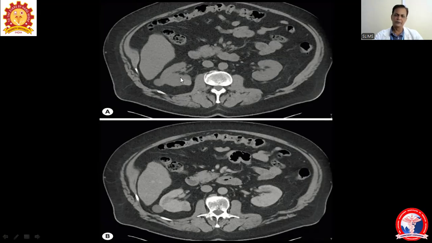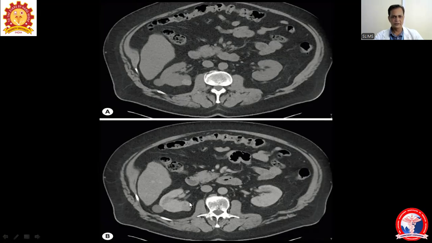Third image, a third slide, what we are seeing is here both the kidneys in axial images. But on the right side, there is some outpouching. That outpouching is adjacent to the renal cortex, coming outside. It is well defined, almost oval to round, spherical to oval, and it has a relatively lower density.